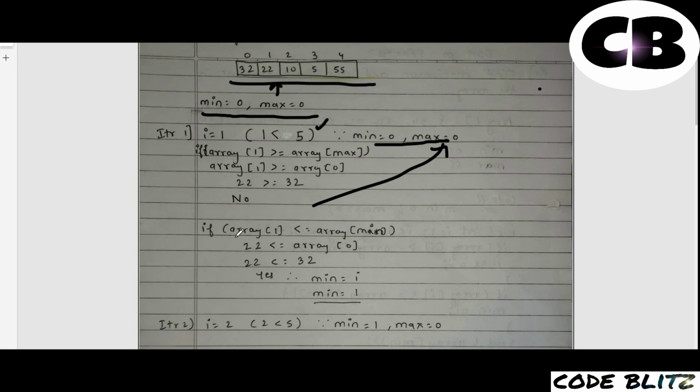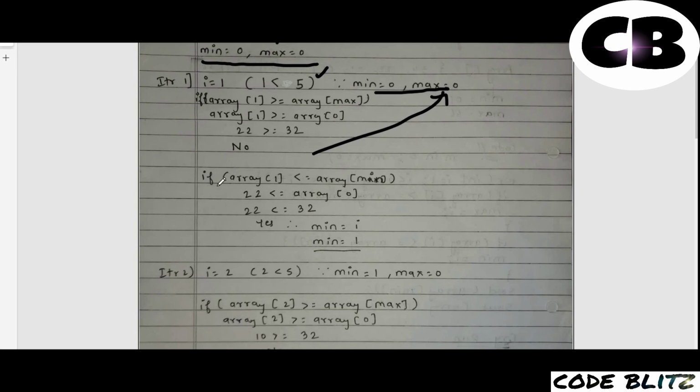Now the next thing is we will compare it for the minimum value. So this is basically array of i less than or equal to array of our min. You can check the code. Now the value of i is equal to 1, therefore 22 is less than or equal to array of 0. Array of 0 is for the min value, 0 is the min index.